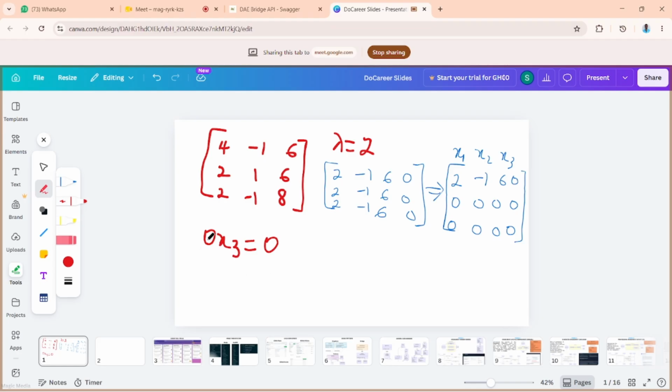We realize that 0 times any number gives us 0, so it's a correct equation. No matter the value you give to S3, this equation will still be valid, because S3 can take as many values as it can take. For that reason, S3 is a free variable. Because it's free, you can supply anything for it.